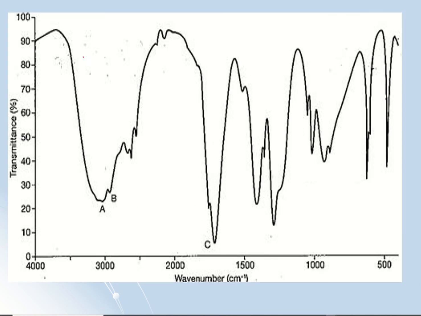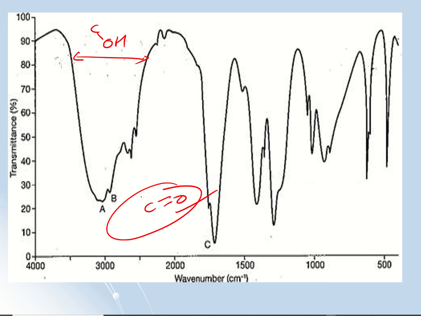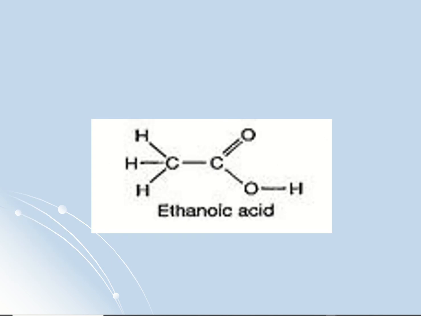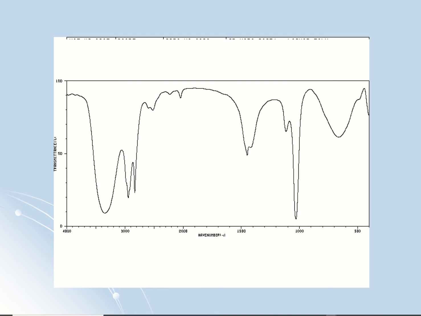So here hopefully we can pick up the big broad OH of a carboxylic acid, and then our C double bond O just to affirm that that's what we've got. So there we go, carboxylic acid. This one.